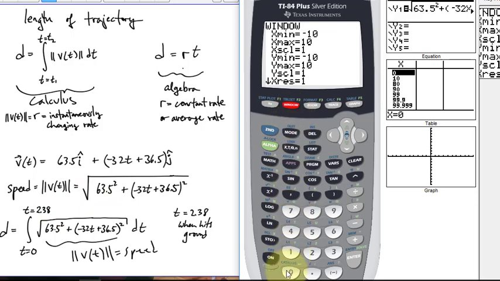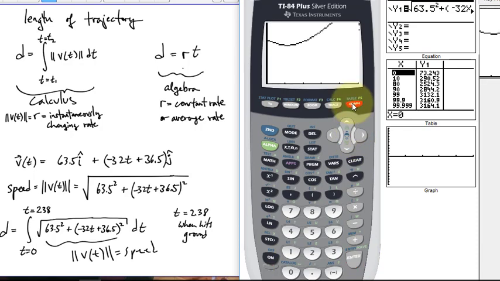How about we go from time 0 to maybe 5 seconds. Count by 1 second. And then a minimum y value. These y values are the speeds, and let's put this at, how about 100? Take a look at that.